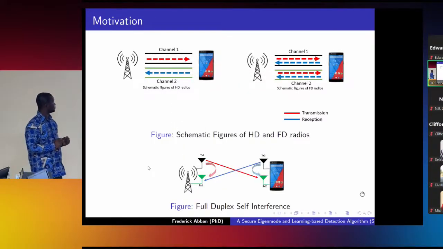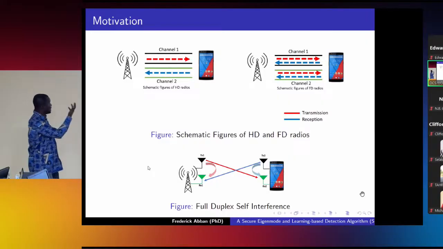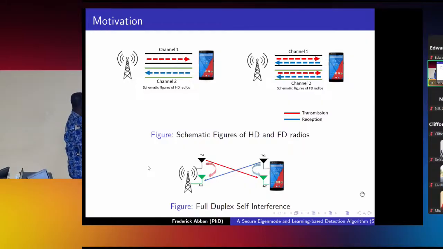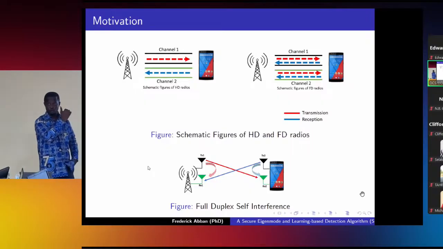Now, let me use these images to explain half duplex and full duplex. The first image to the top left has got a base station and a mobile station. And for communication to take place, one channel is used to transmit. Here I'm using the red for transmission and the blue for reception.